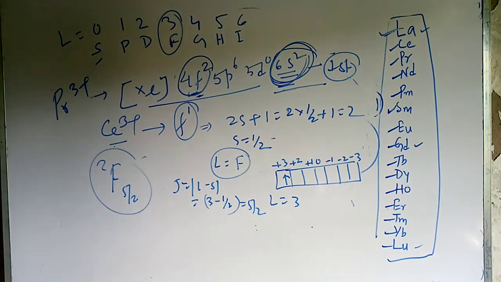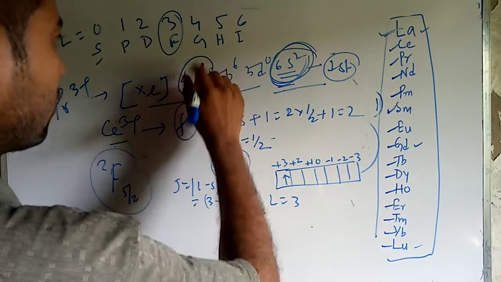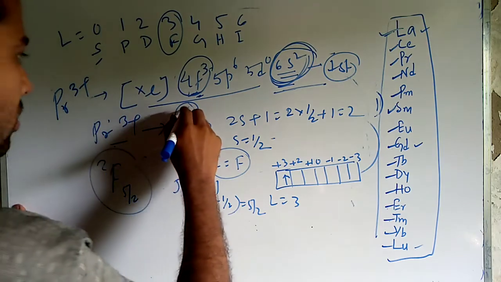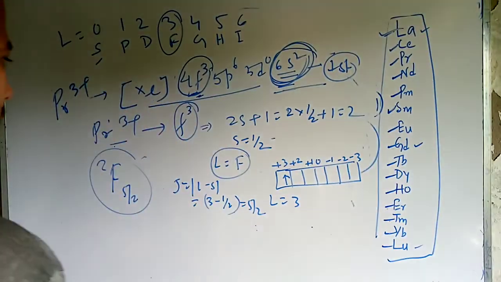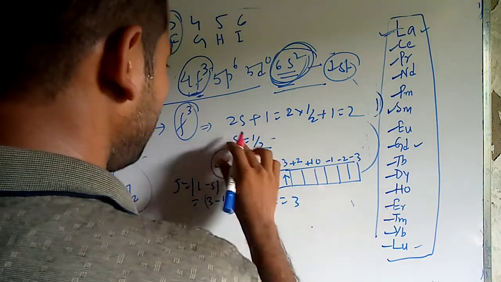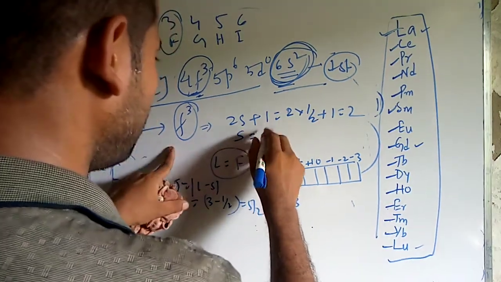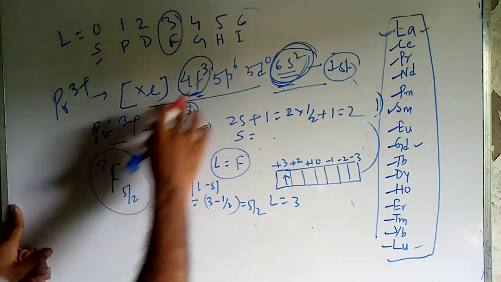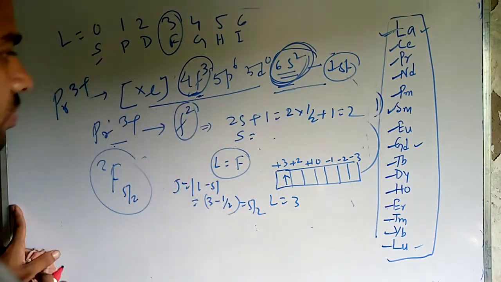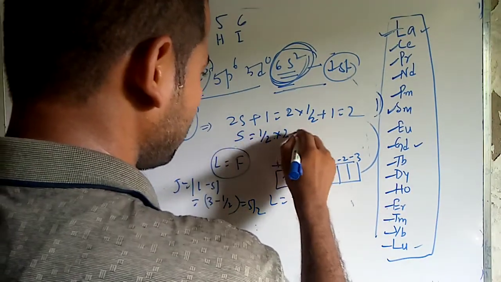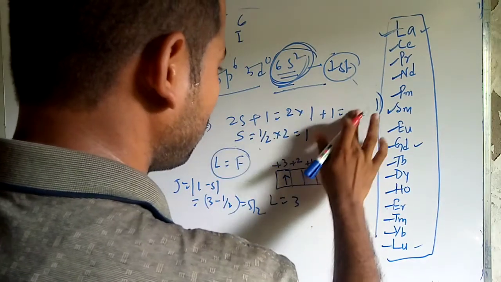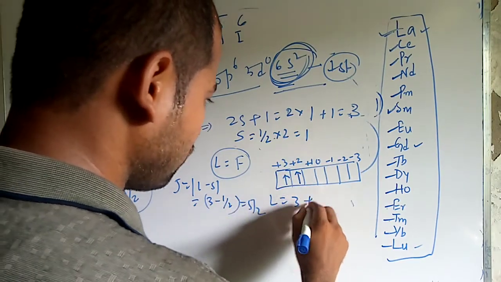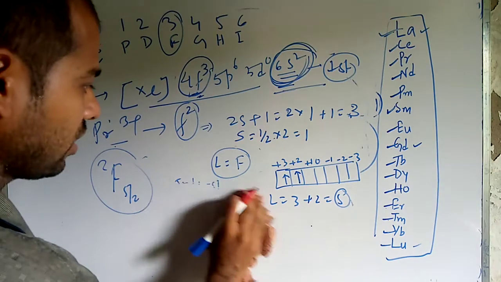Praseodymium 3 plus has 2 electrons present in f, so S equal to half plus half, which is 1. Then 2S plus 1 is 3, and the electrons also give L equal to 3 plus 2, which is 5.